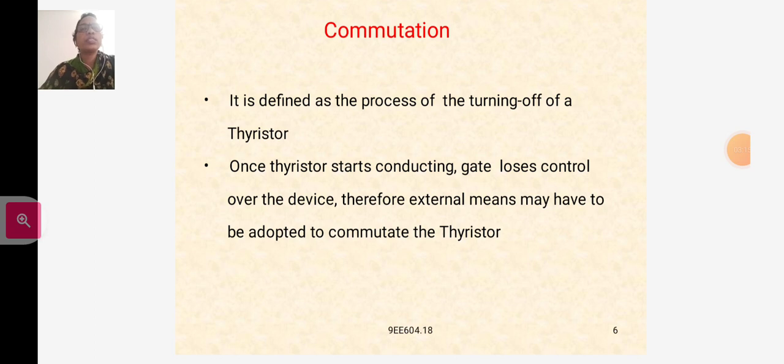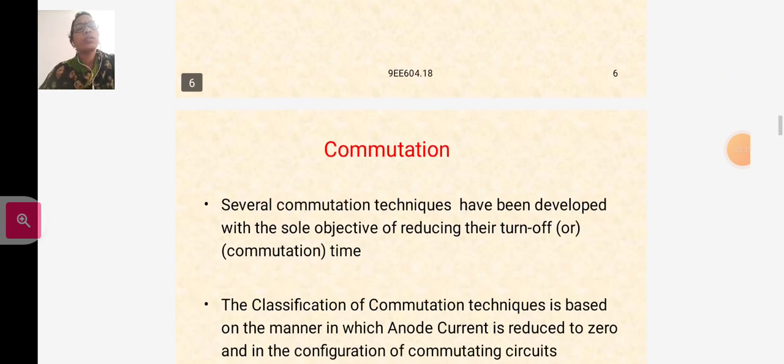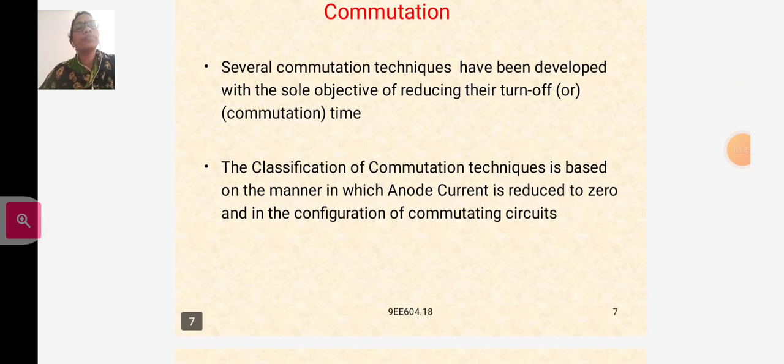Commutation is defined as the process of turning off a thyristor. Once a thyristor starts conducting, the gate loses control over the device. Therefore, external means may have to be adopted to commutate the thyristor.